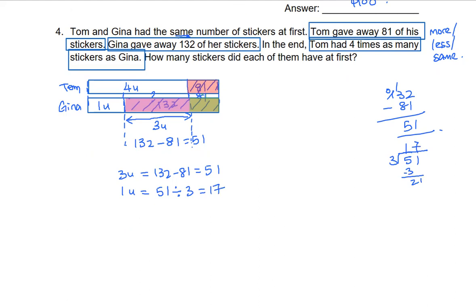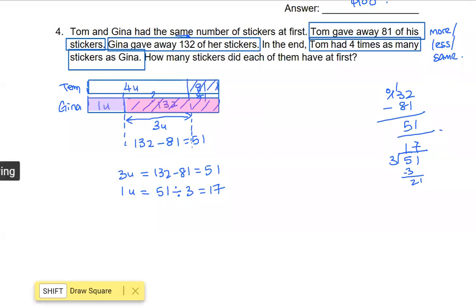So if I know 1 unit is 17 stickers and Gina has 1 unit plus another 132 stickers, if I can find Gina, I will be able to know the number of stickers that Tom has, because Tom has the same number of stickers as Gina.